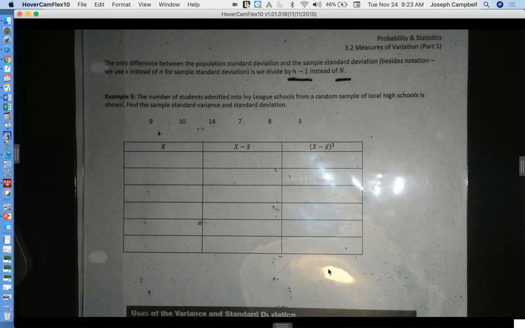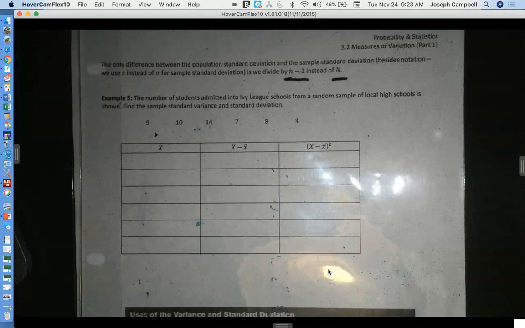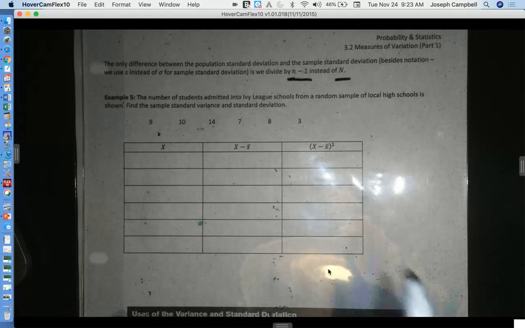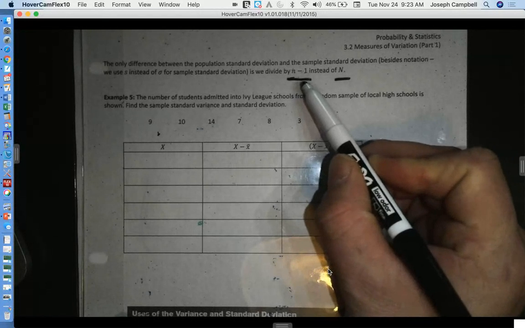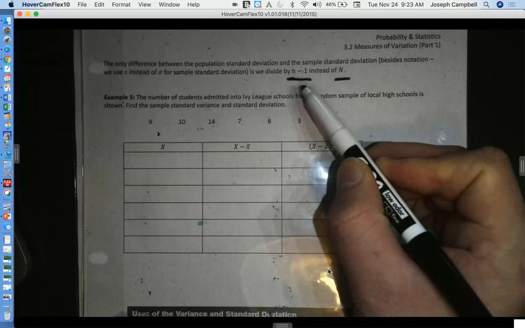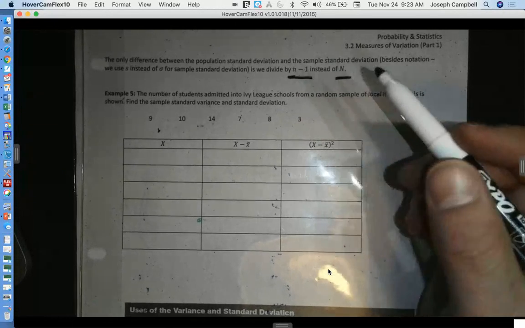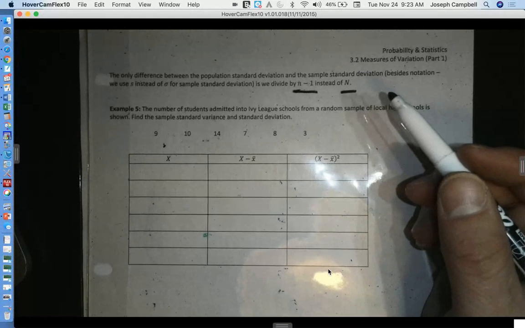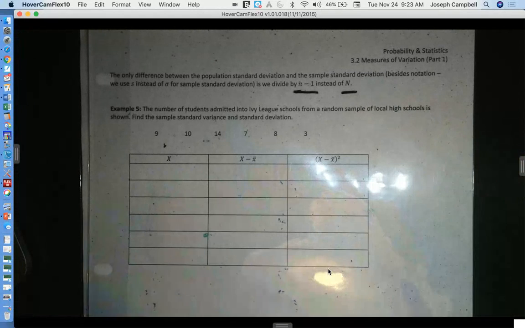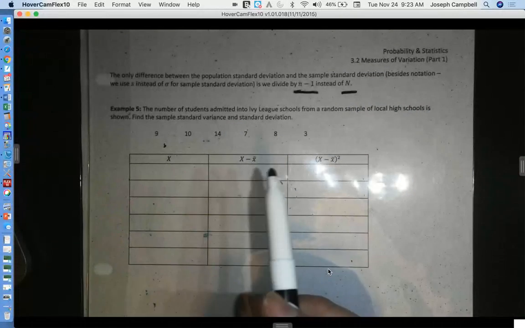It's something that is pretty cool to do, but it's obviously beyond the scope of this class. I just want you to know that this n minus 1 is not arbitrary. It's a solution derived from calculus. And if you know anything about derivatives, that minus 1 might look familiar.